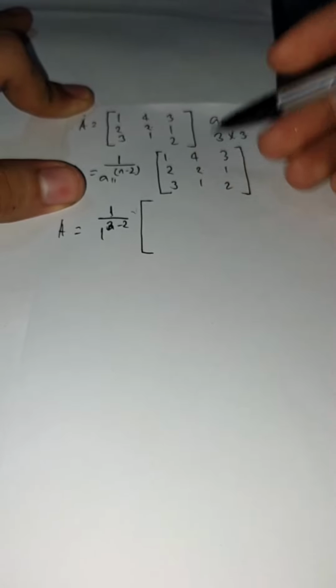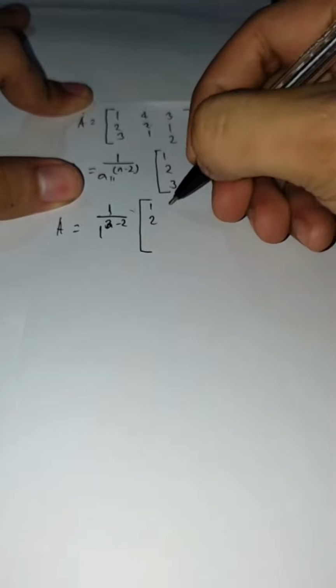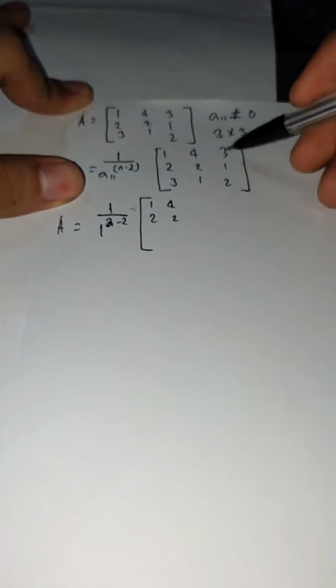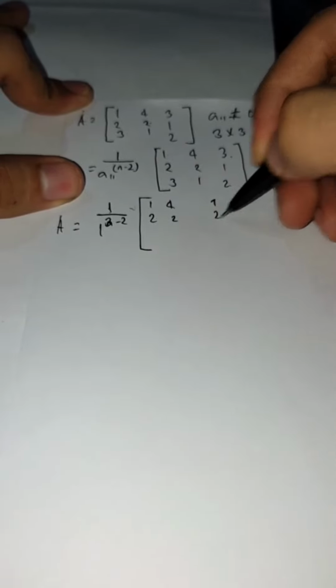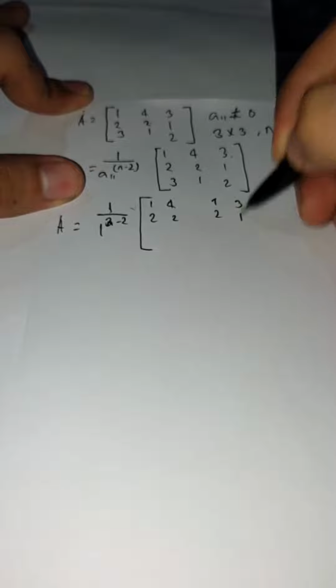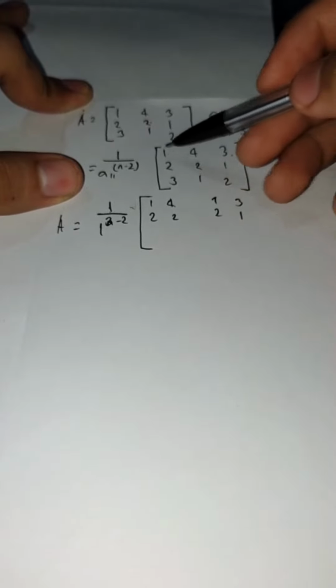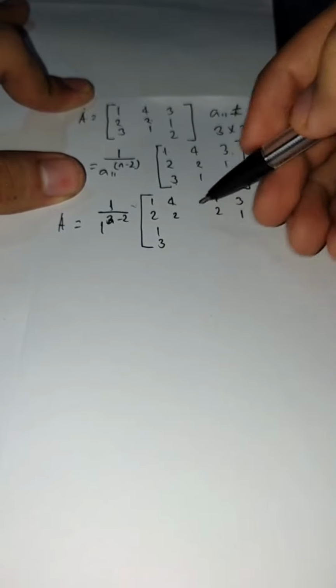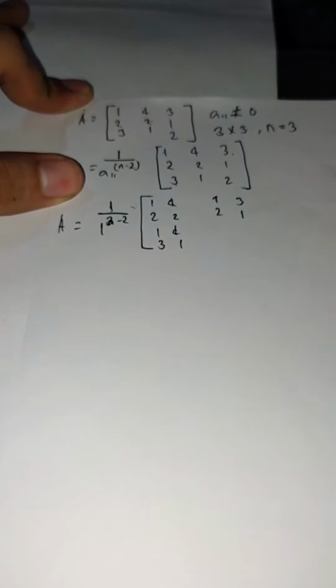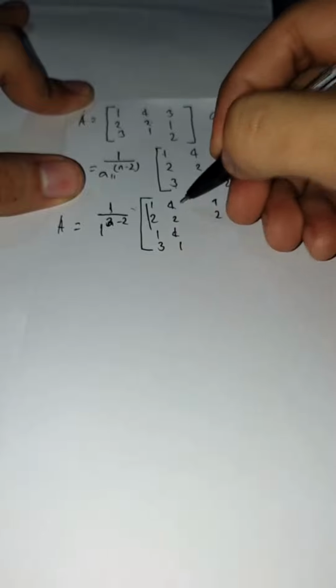And then next na tayo. Kukunin natin ang first layer natin. Is 1, 2 and then 4, 2. 1, 2, 4, 2. Next naman, 1, 2, 3, 1. Next, 1, 3, then 4, 1.